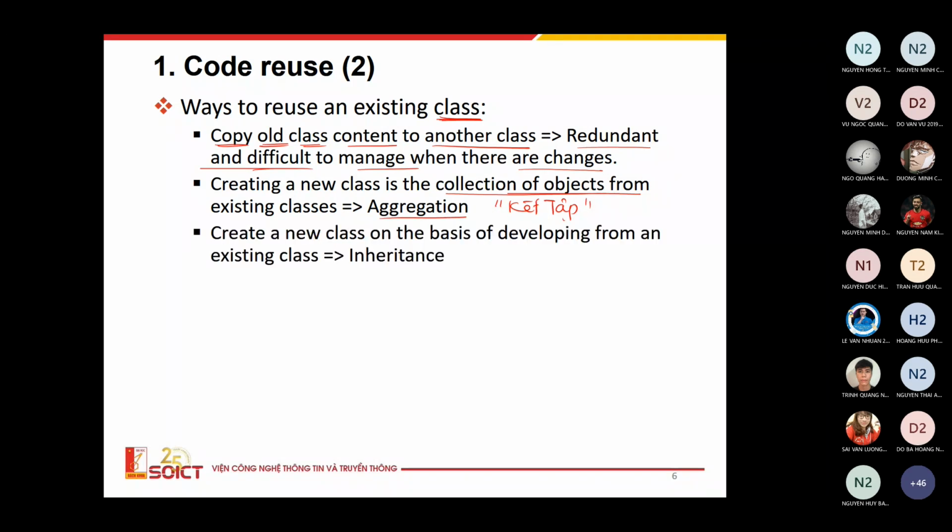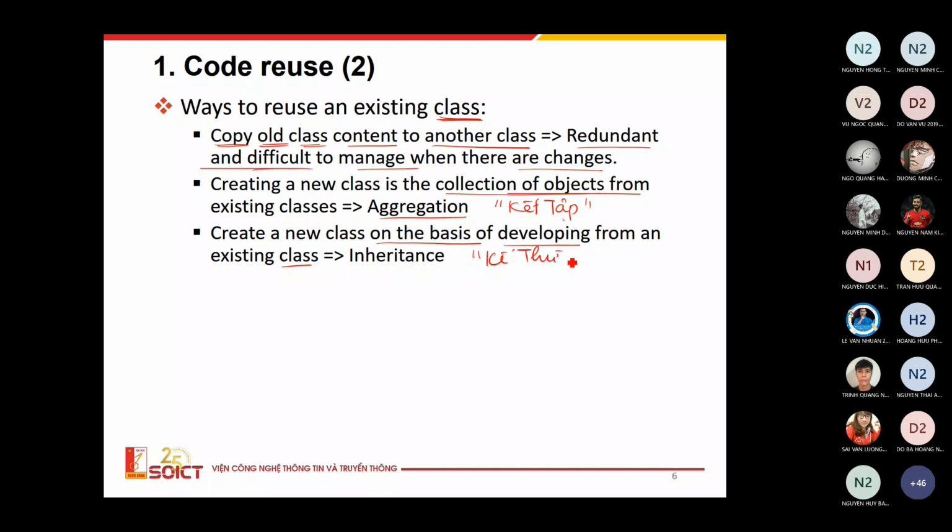And the third way you can reuse the class is you will create a new class on the basis of the developing class or of the existing class, and we call it inheritance.